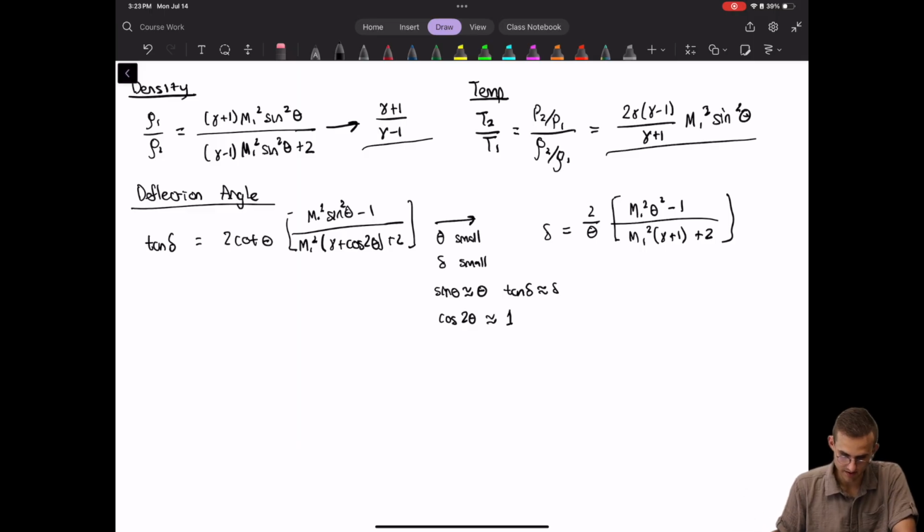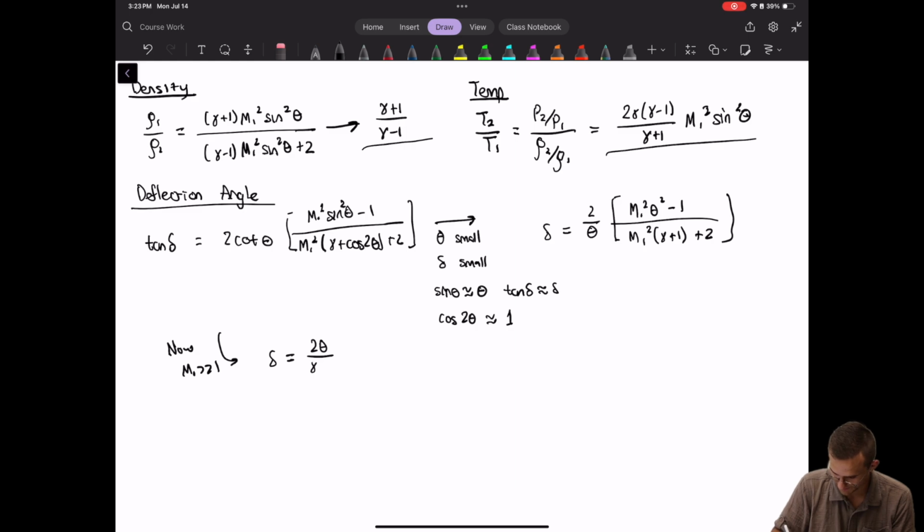So now we'll go ahead and send M1 to be very large, M1 is much greater than 1. And then what you end up with is that the deflection angle is directly proportional to theta.